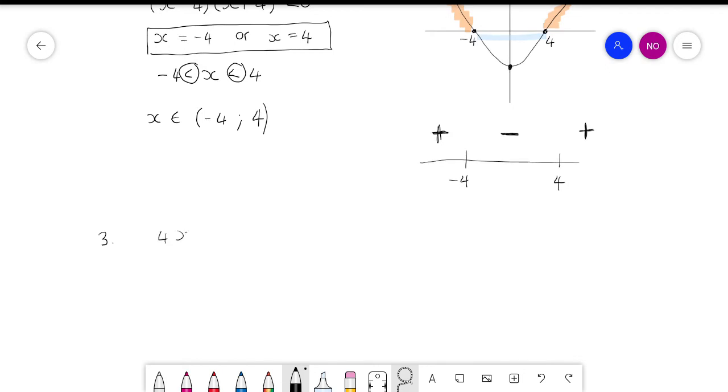I put in number 3 on purpose because it's more difficult to factorize. But it is still factorizable because that is still the difference between two squares. Do you see that? No? So dit gaan net wees 2x minus 3, 2x plus 3 is kleiner as 0.